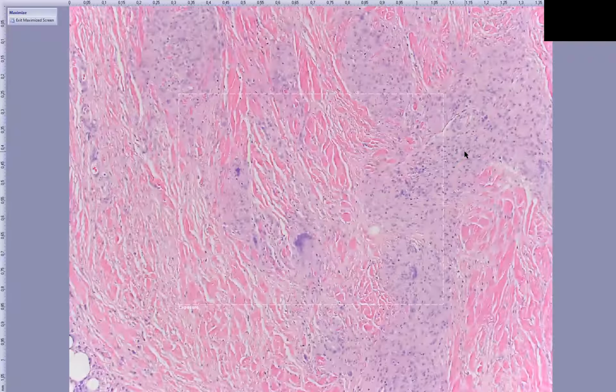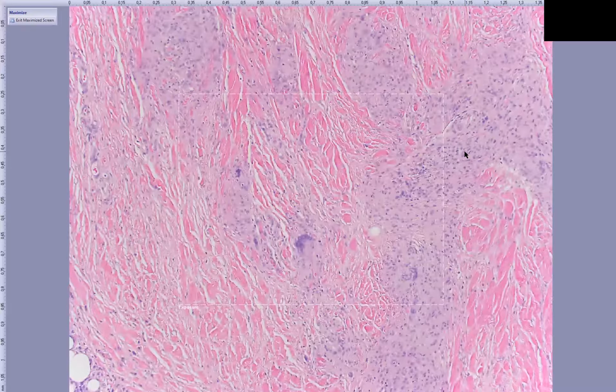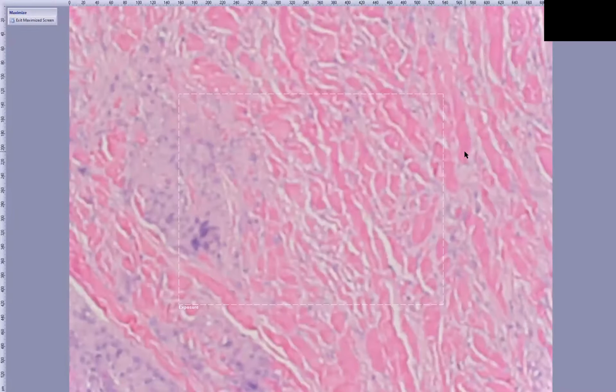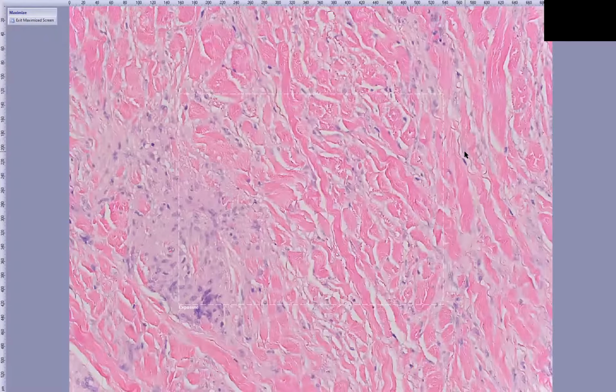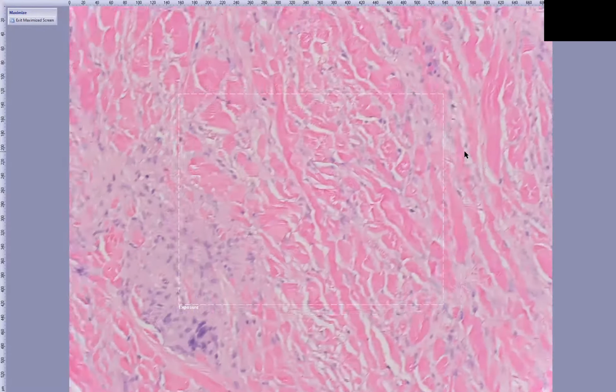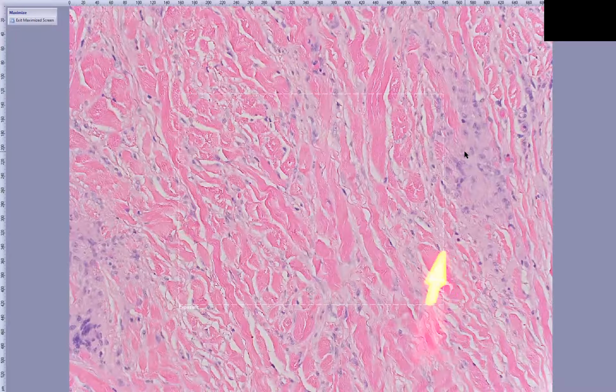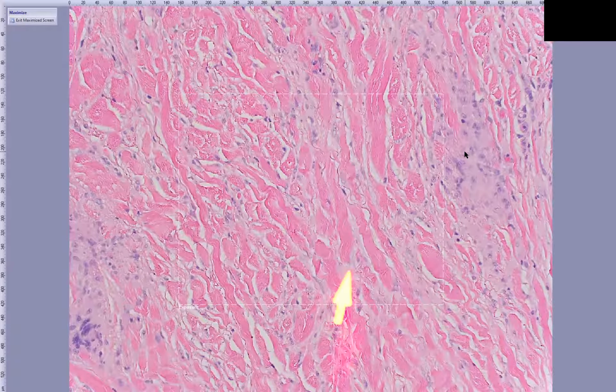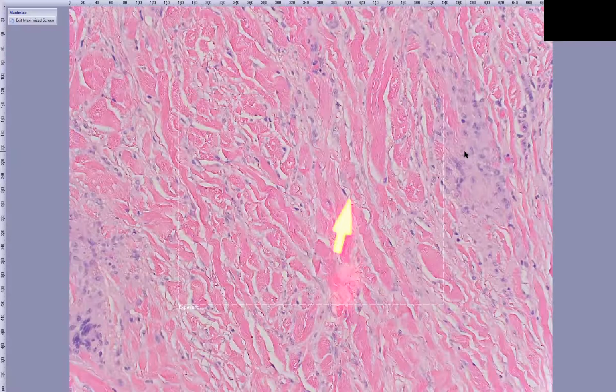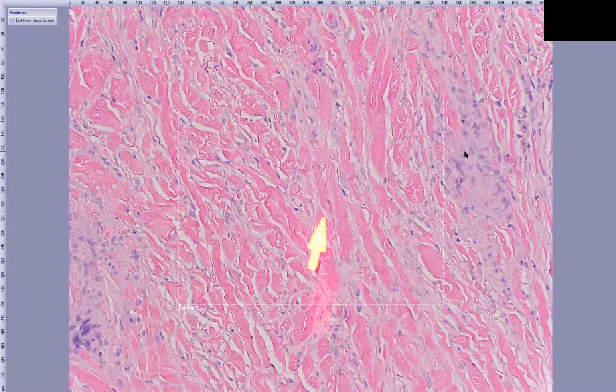And when we talk about collagen degeneration, it can be evident as a subtle fuzziness of the fibrillary quality of the collagen to where you lose that detail to the collagen. So when you look at the collagen on low power, you can see a little bit of fuzziness to the borders of the collagen bundles. And that typically represents just a little bit of the collagen degeneration that we describe and that you can recognize on low power.